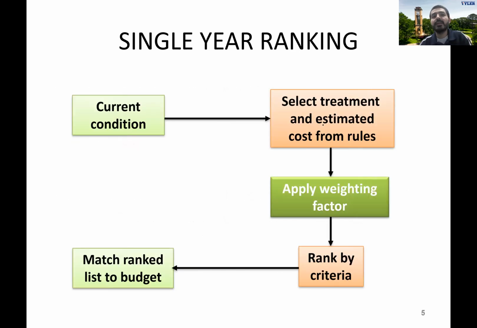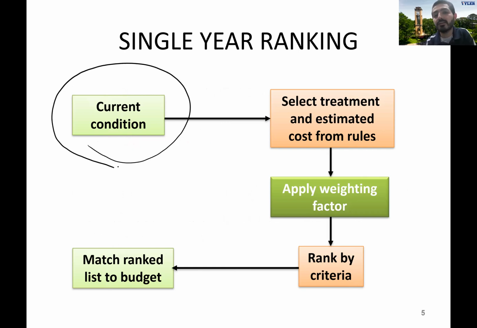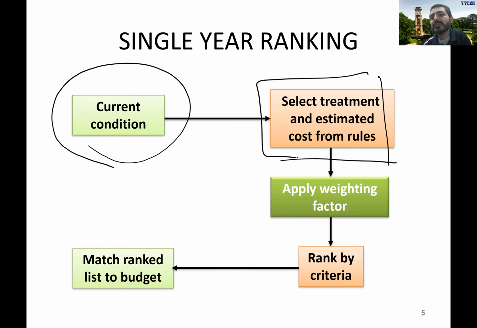The flow chart here is something I may ask you in an exam or an interview: draw for me the flow chart of a single year ranking. We need to start with the current condition of the pavement network you're dealing with, section by section, of course. Then we select the treatment and the estimated cost from some sort of rules you're following in your pavement management system.